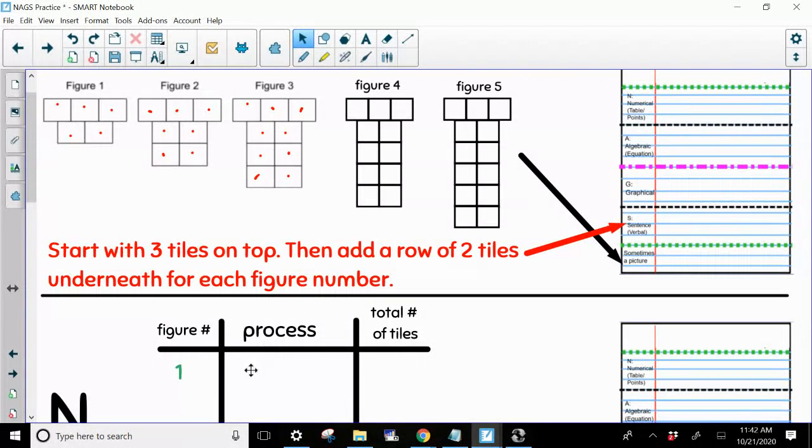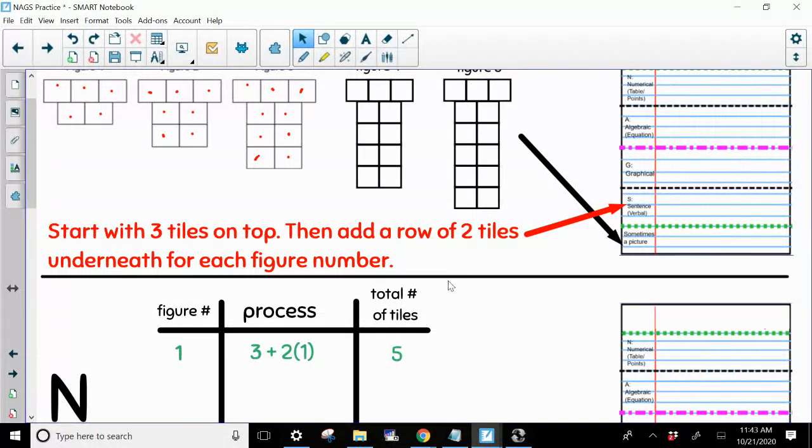We can do 3 plus 2, and we can multiply that by 1 because that's figure 1. And that's going to actually help us algebraically in a little bit. So 3 plus 2 times 1 is going to get you 5.